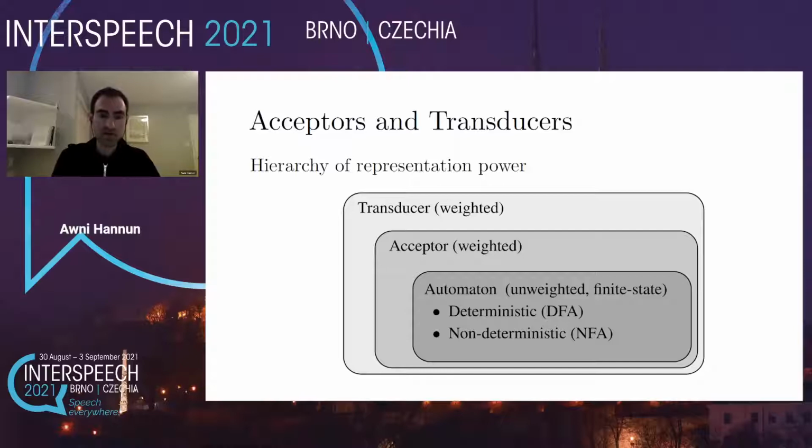They have two varieties which are equivalent in their expressive power, but not in the size of representation, which are deterministic and non-deterministic. And then slightly more expressive are the same automata, but when you allow weights on the edges. And then even more expressive than that are what we call weighted finite state transducers, which are the most expressive graphs that we'll cover in this tutorial.